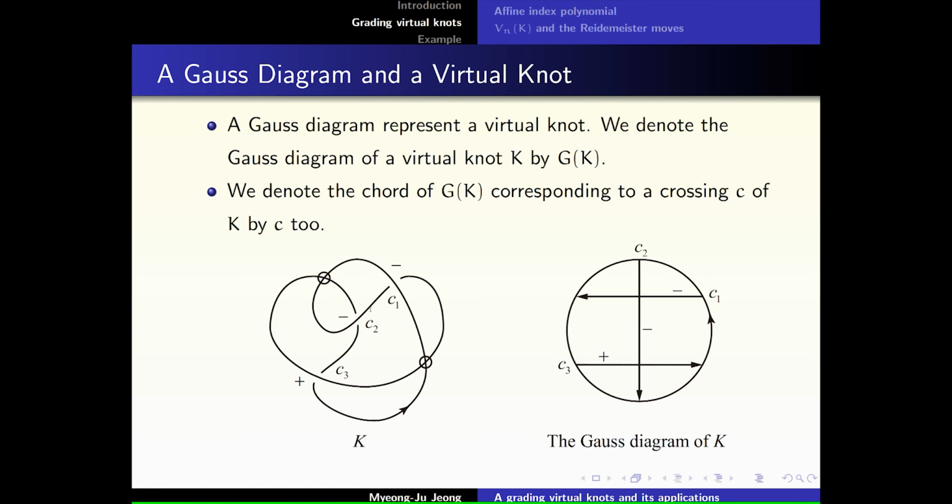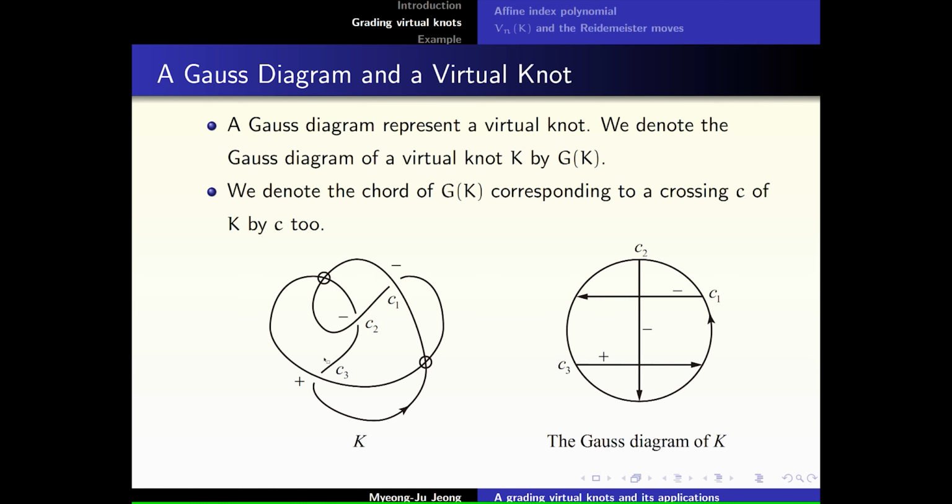If we take a starting point here and walk along the knot, then we meet crossings C1, C2, and C3, and so on.